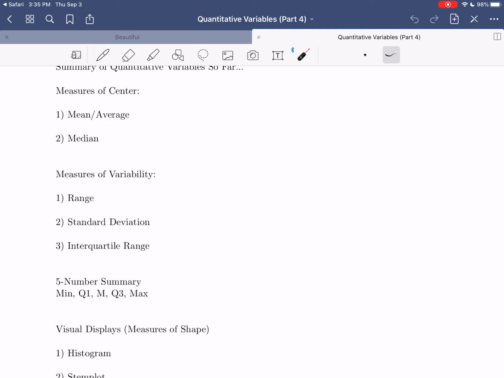And we've actually talked about resistance for things like the range and standard deviation also both being non-resistant, and the interquartile range being resistant. And we said that you had to be careful using non-resistant measures whenever you have extreme values. But we didn't really say too much about how we classify a value as potentially extreme.